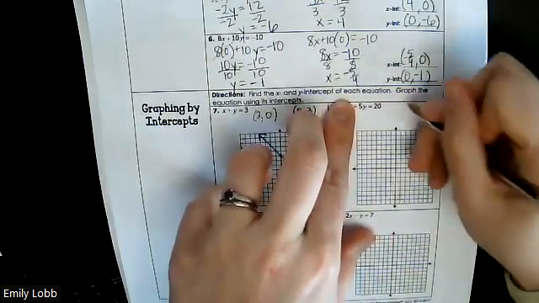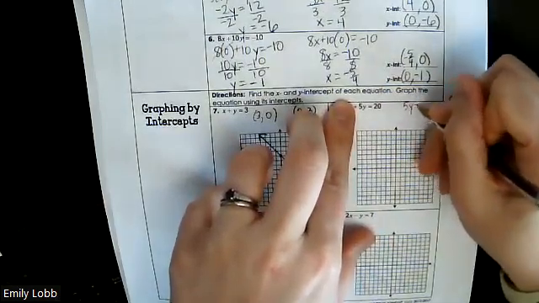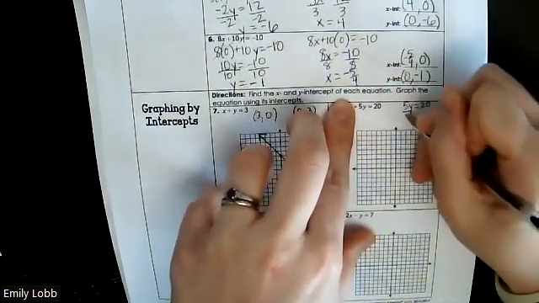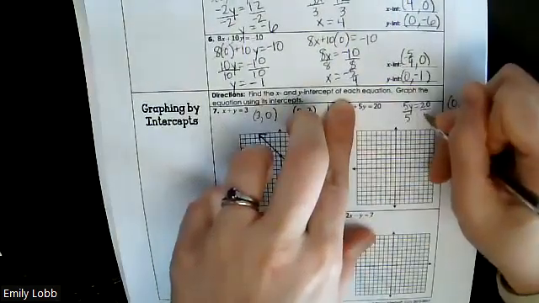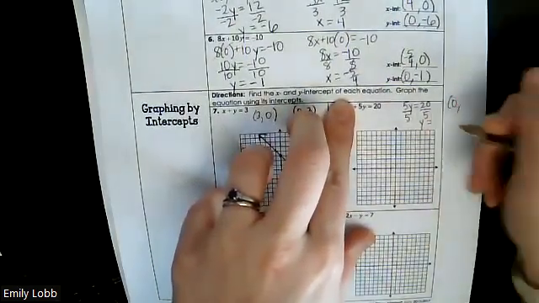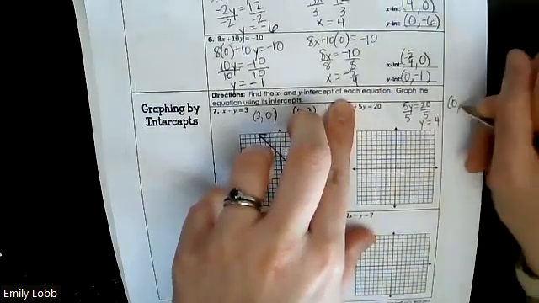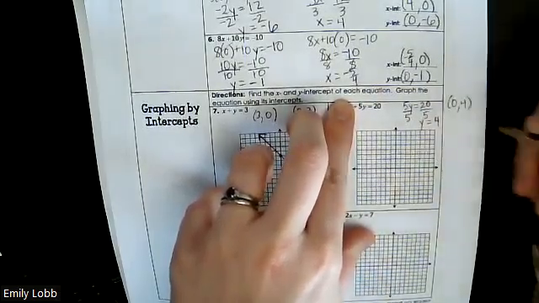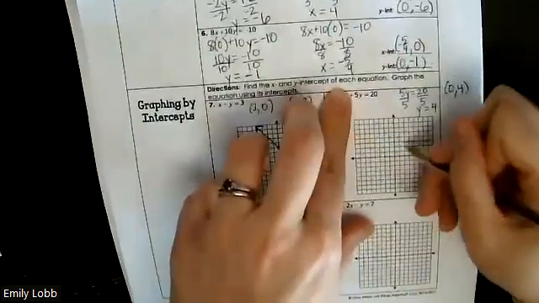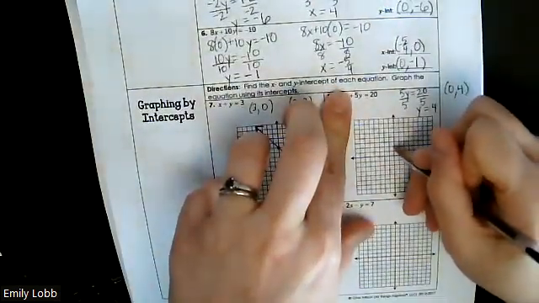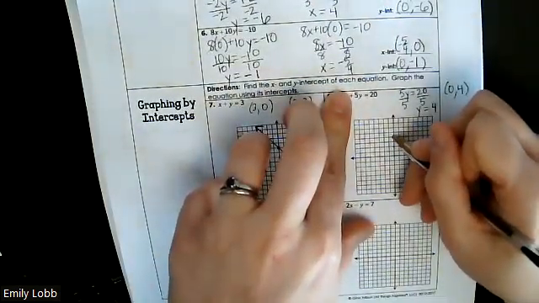So we're left with 5y equals 20. If we divide both by 5, we're at y equals 4. So there's our first point at y equals 4. 1, 2, 3, 4.